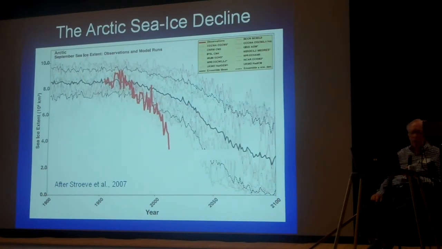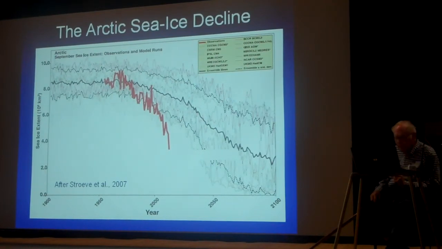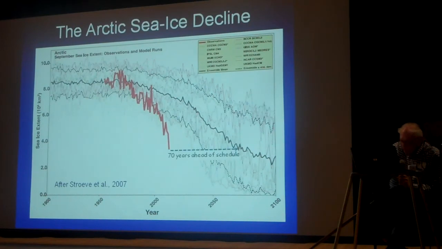The gray lines are all models for the amount of sea ice in the Arctic Ocean, 14 of them. And the red line is the actual data. And you'll notice that we are 70 years ahead of time in reality with the sea ice decline. This wasn't supposed to happen until the end of this century.